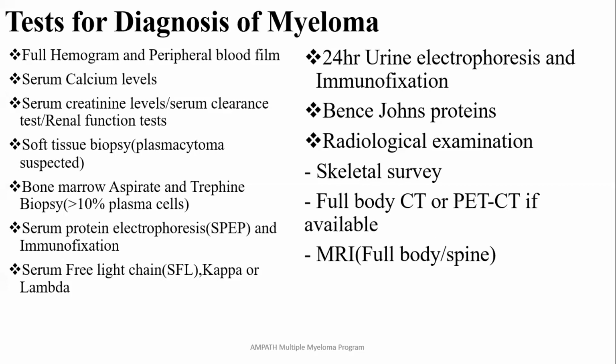And then besides that, you can do a serum immunofixation. Serum immunofixation basically tells you which immunoglobulin is elevated. You know all the immunoglobulins that we have, IgG, IgA, and so on.